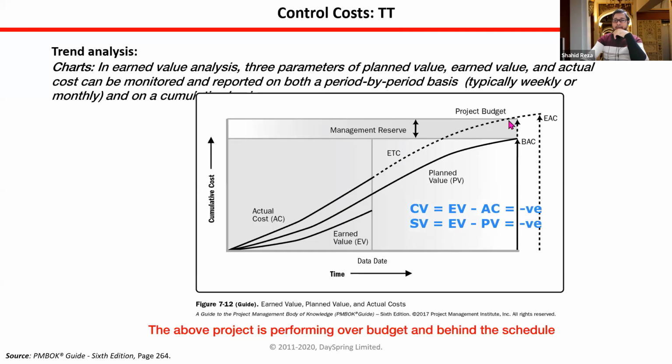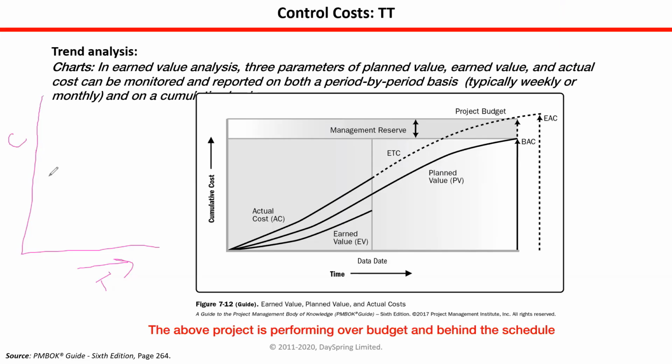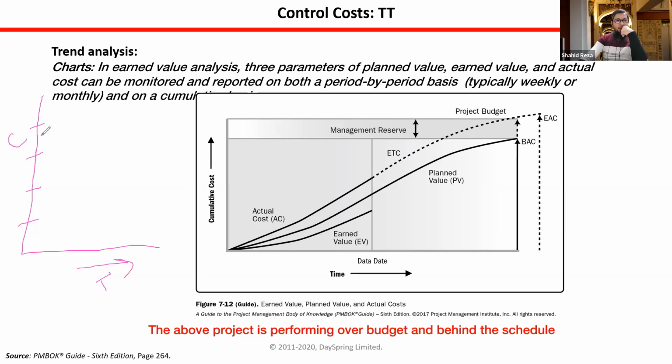In our case, let me draw. This is the time and this is the cumulative cost. 1, 2, 3, 4. This is $50, this is 100, this is 150, and this is $200.